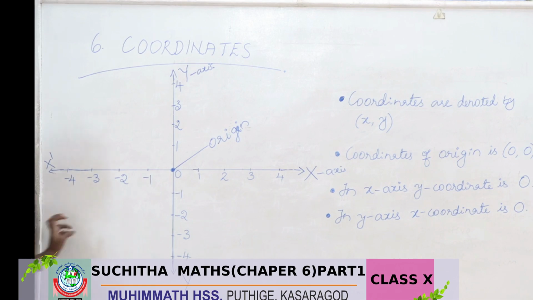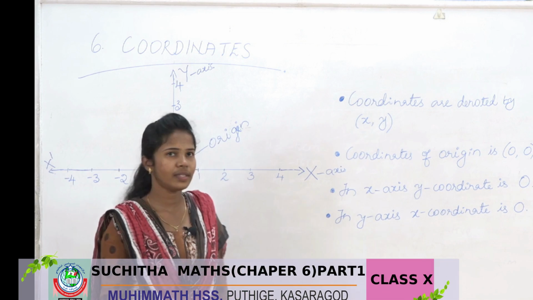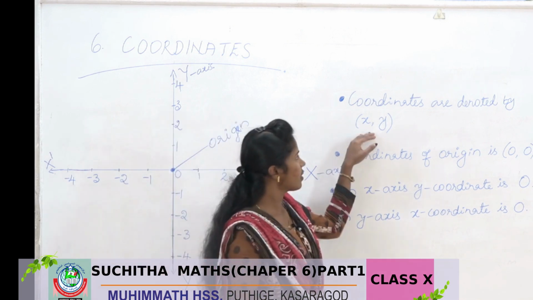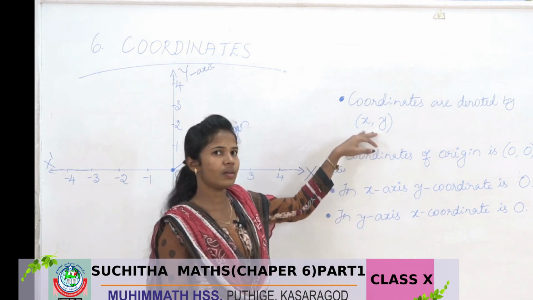And what do you mean by coordinates? Coordinates are denoted as x, y. It is a pair of numbers denoted as x, y.